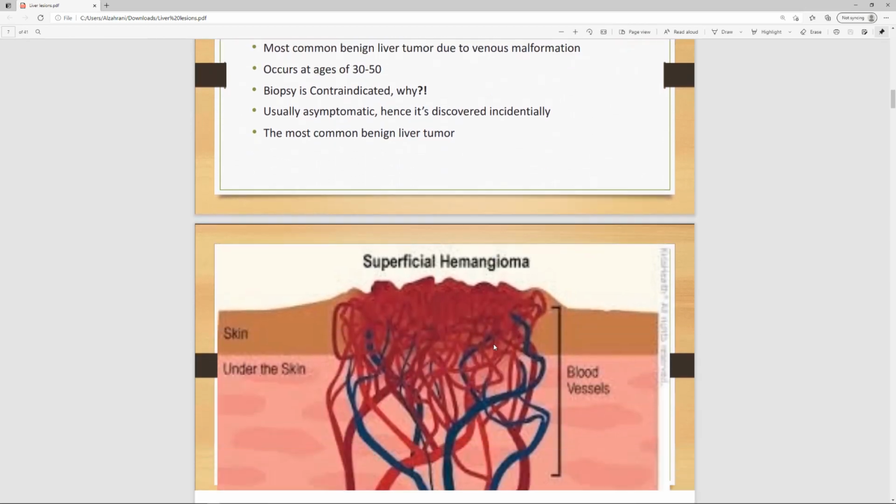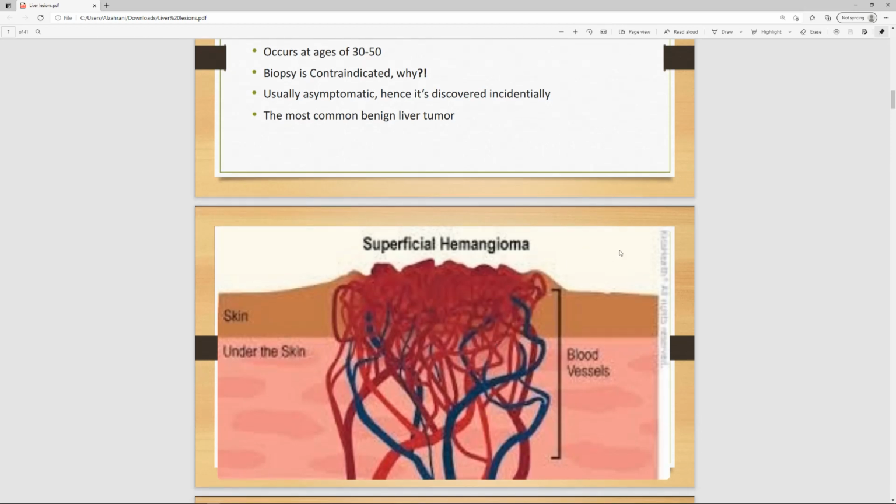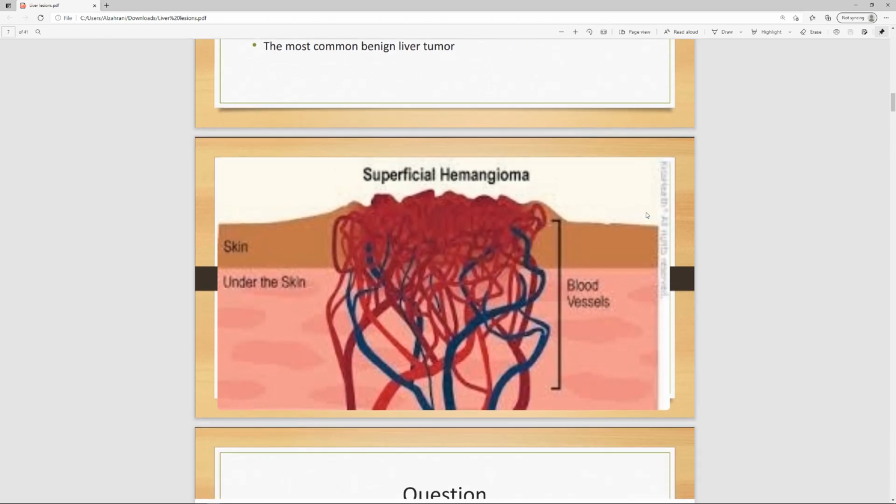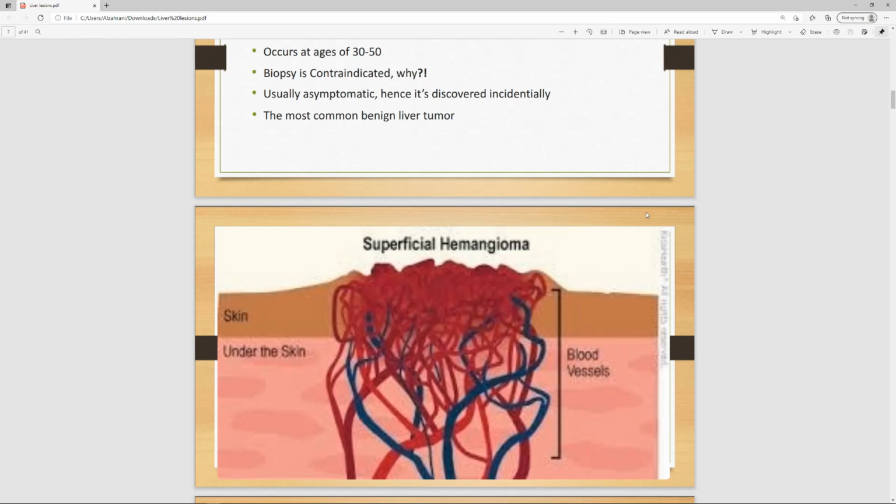This is hemangioma of the skin. You can see in hemangioma there is proliferation of blood vessels. You will say that this is hemangioma of the skin, and I will say yes, this is hemangioma of the skin. But in the liver we have the same morphology, the same blood vessels, the same structure.